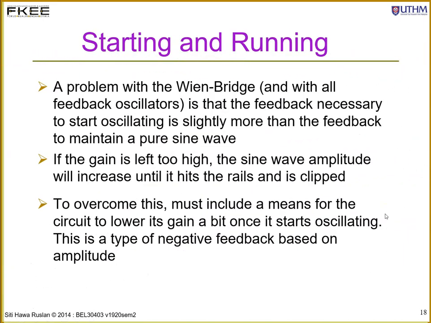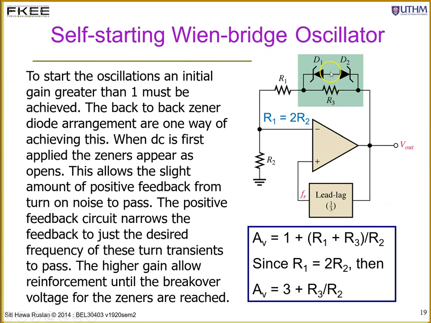Okay, and usually we put a back-to-back Zener diode. This is to limit the output. Okay, so this is another way of starting the oscillation in the circuit. Instead of using R2 as a variable resistor just now, we put an additional R3 over here, in parallel with the two Zener diodes.